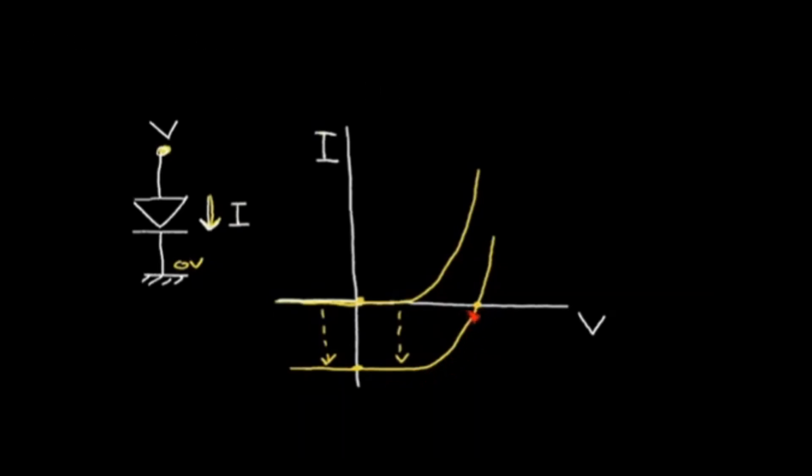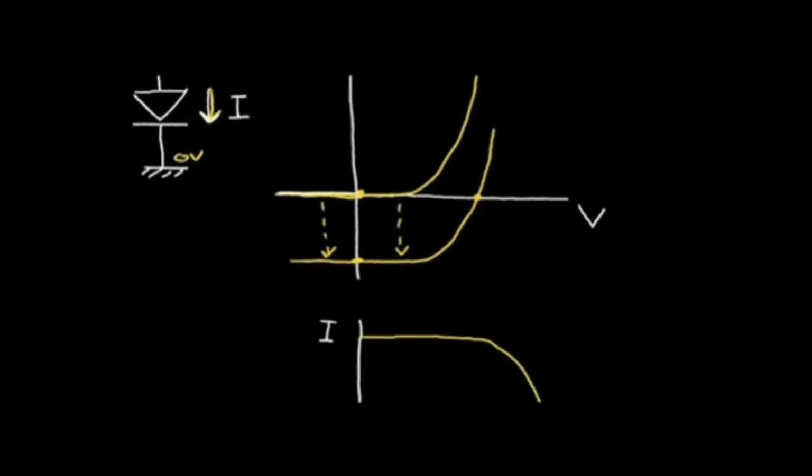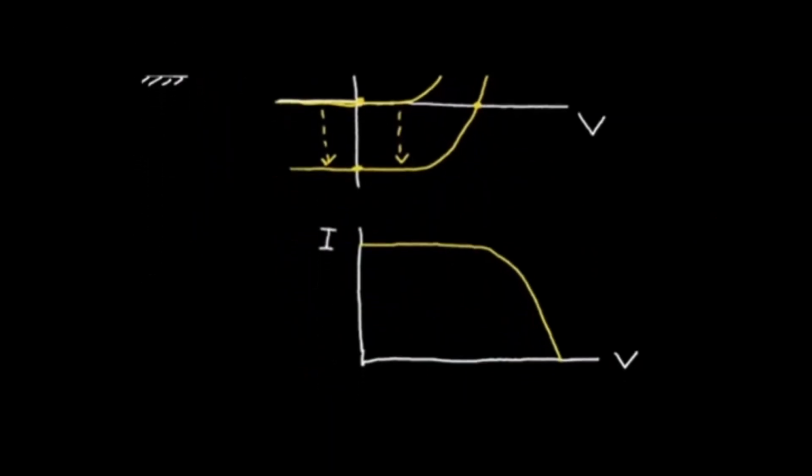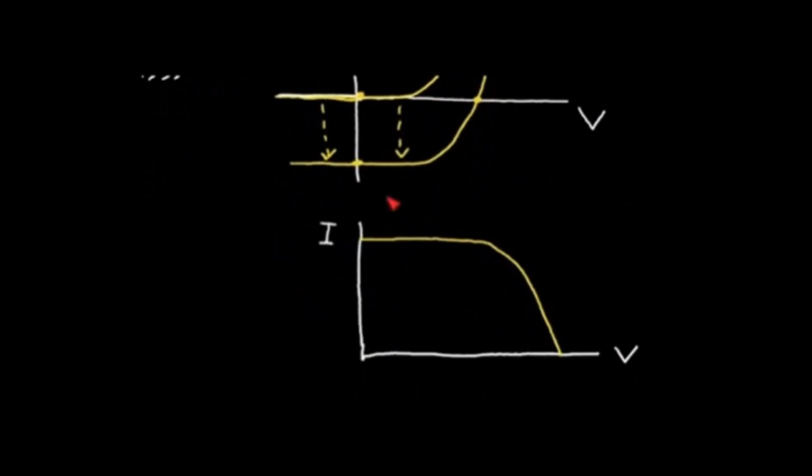Now, in solar cell notation, it's common to take this quadrant and redraw it. So let's look at how we can do that. So we can plot current this way. So we'll just invert this axis. We'll call this positive current and this positive voltage.